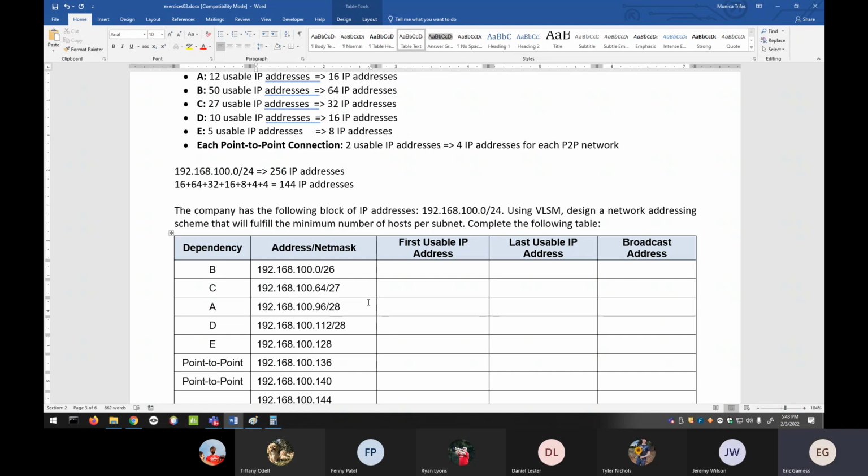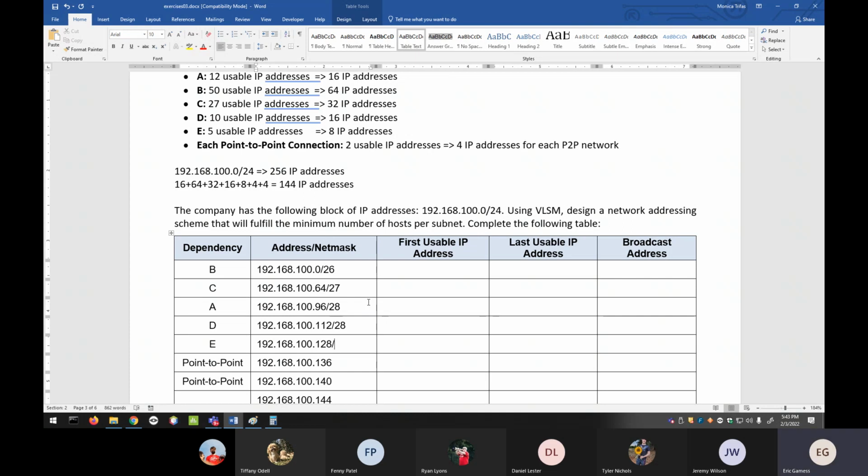Okay, if E has 8 IP addresses, it should be a / what? If you need 8 IP addresses, how many host bits do you need? 3, because 2 to the power of 3 is 8.